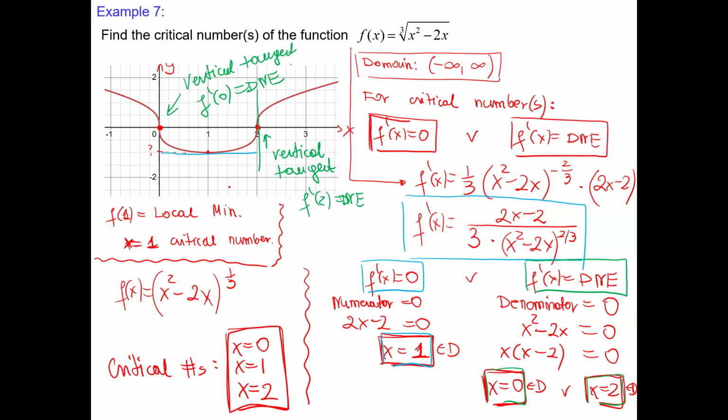One more time: we have to find where the derivative is 0, where the derivative is undefined, and then always check if these numbers are in the domain. They are in the domain because all of the numbers were in the domain. That's it, and again, this question is only testing critical numbers.